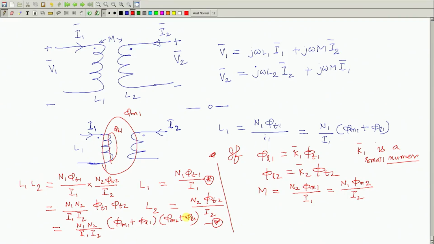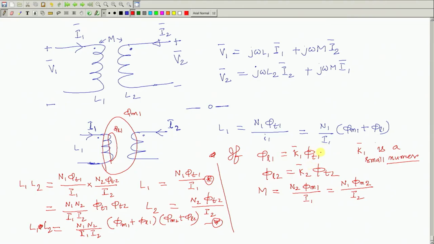Now, to make matters simpler, the leakage flux will be a certain percentage of the flux.